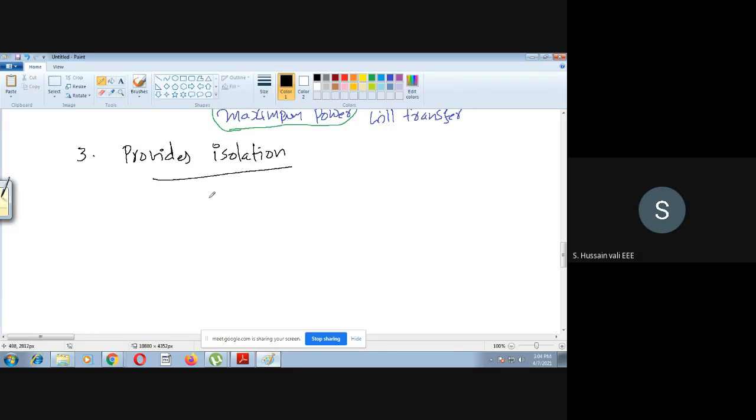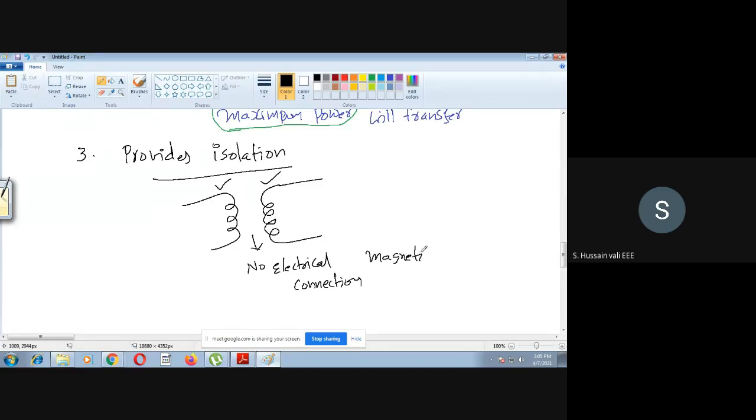Just now we have seen that a transformer is represented like this. You see, between this primary winding and secondary winding there is no electrical connection. But which kind of connection is there between these two windings? It is a magnetic connection.